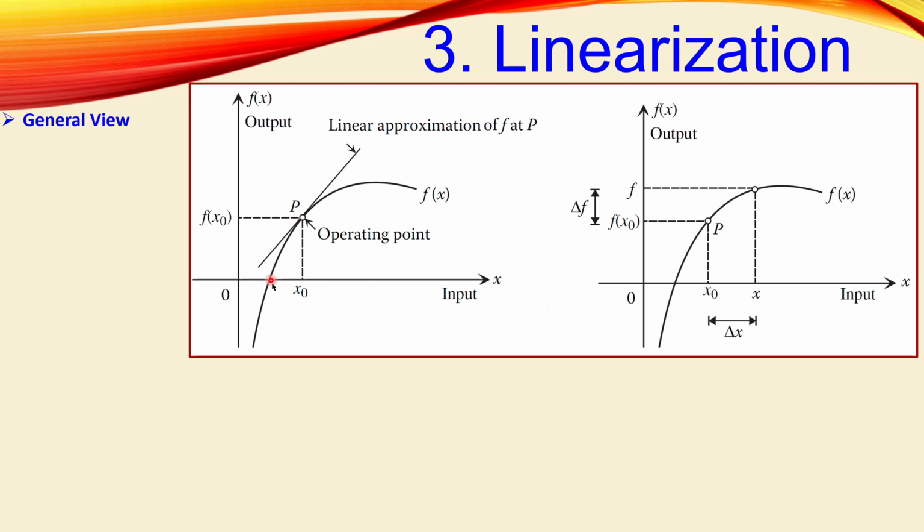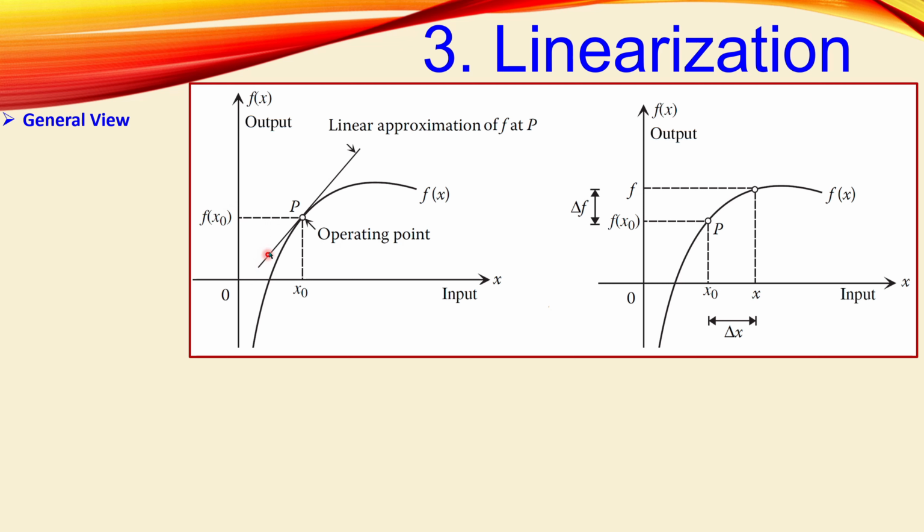But we want to linearize this, and we can do that at many different points, and we call this an operating point. If I select this as an operating point, I call this P, and that point has a specific x0, which is that operating point's x value, and also a corresponding y value for that operating point.